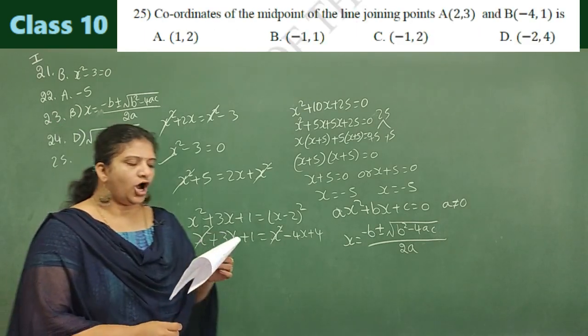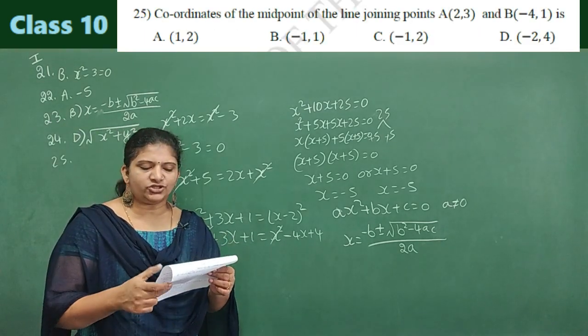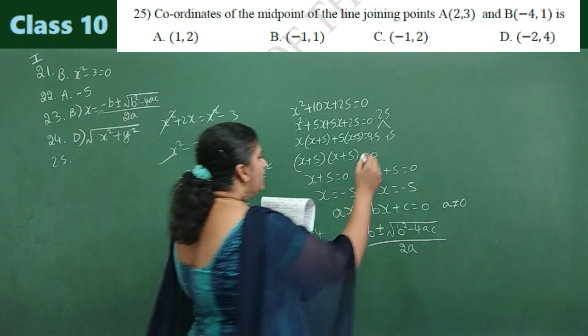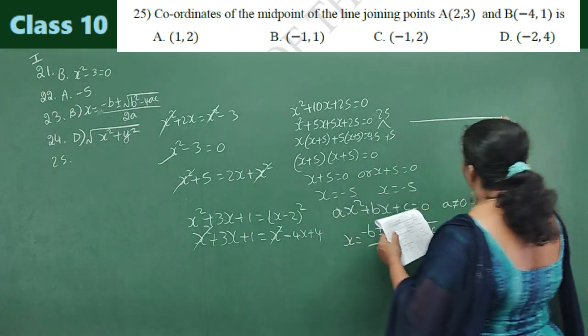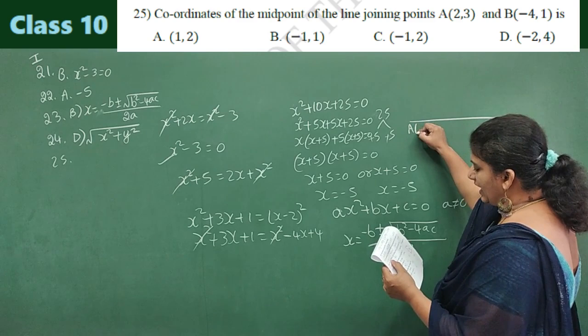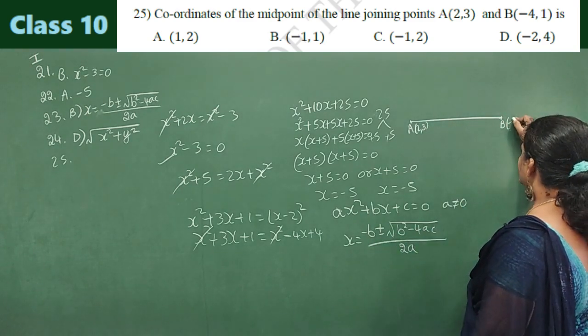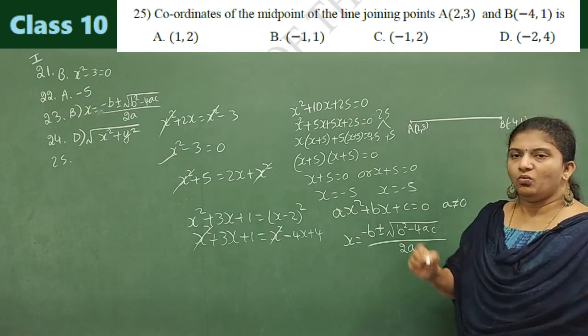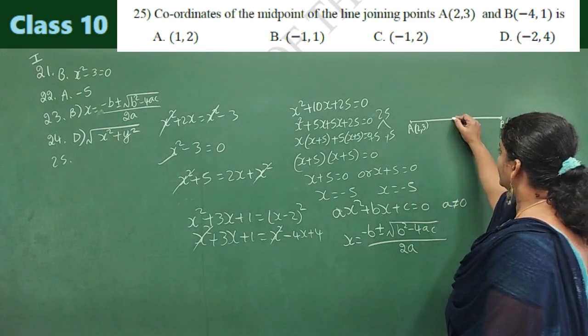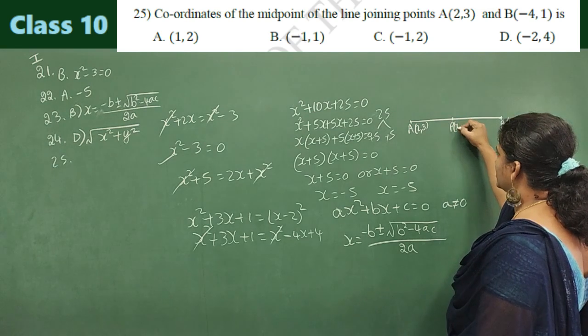25th one. Coordinates of the midpoint of the line joining points A(2, 3) and B(minus 4, 1). What are the midpoint coordinates is your question.